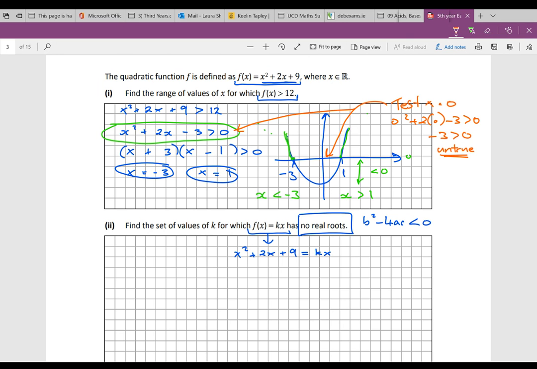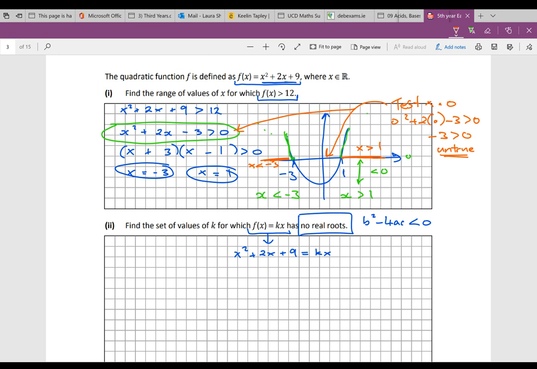Therefore, it's not inside, so it has to be outside the region bound by the curve, which again, if I look at that orange region, is the numbers greater than 1. So x greater than 1, and it's also the numbers x less than minus 3.